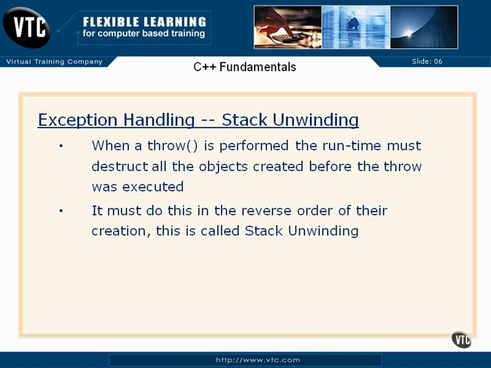We have to go through all of the destructors for all of the objects that were created in reverse order, just the way we do when we're exiting the program. So we have to release all that memory, run all those destructors, and then find our way to the catch blocks and see if we can get a catch block that will fit our throw.